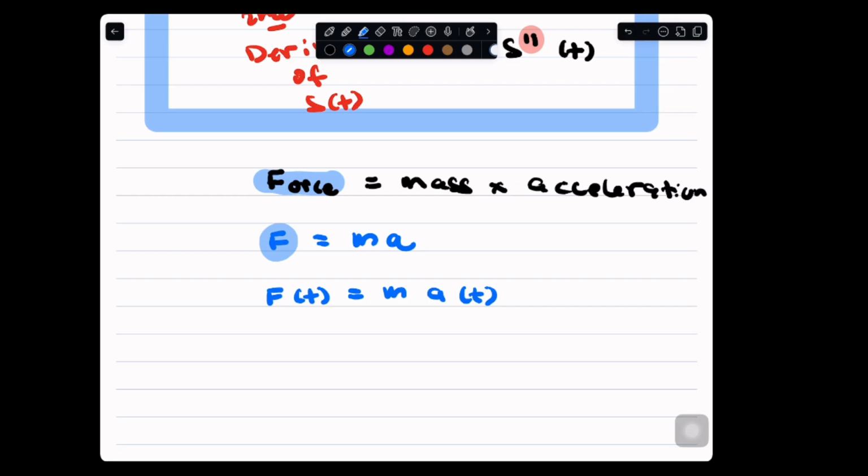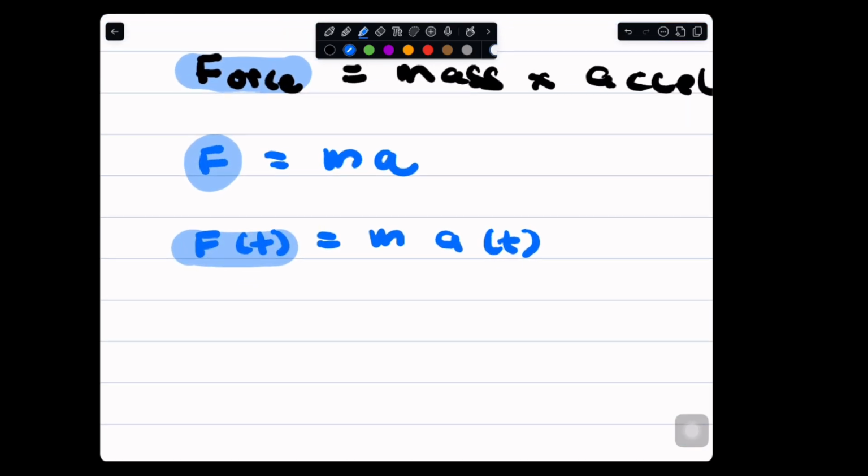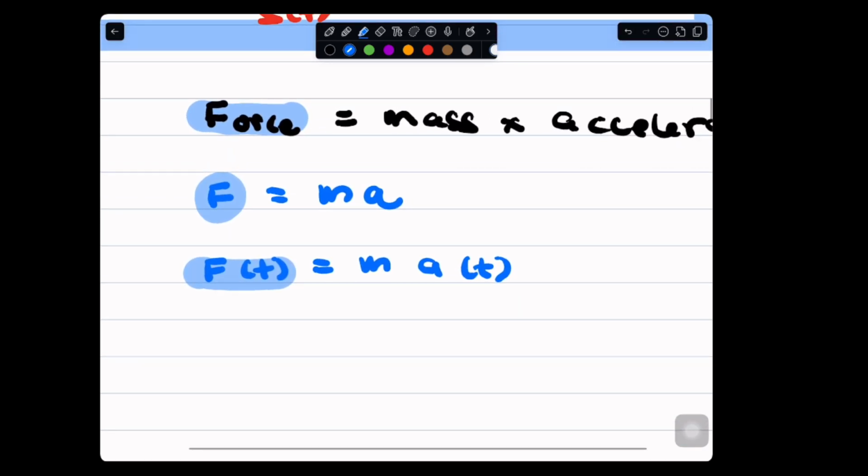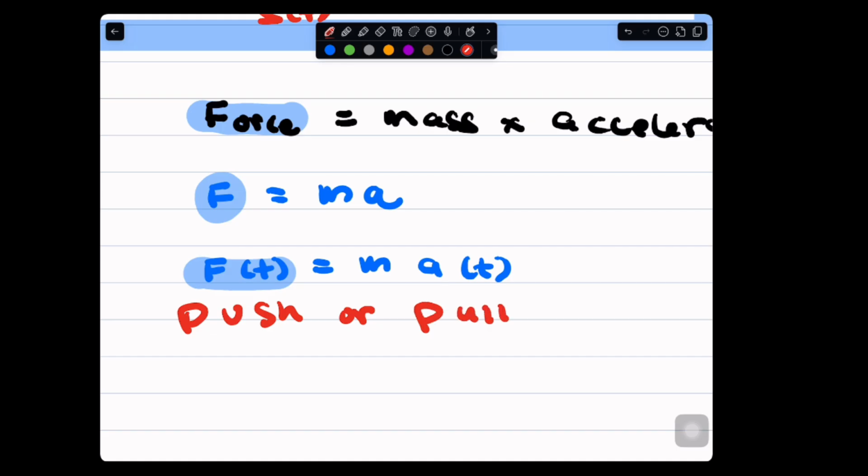Do you guys know what's the meaning of the word force? Like your 8th grade meaning of force from science. What's a force? It's a push or a pull. And it's completely related to acceleration. So when they say the particle is being pushed or pulled, that's what acceleration can give you.